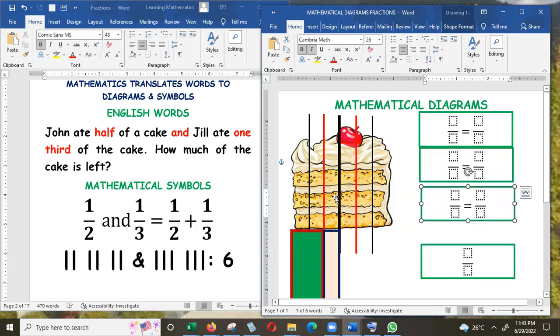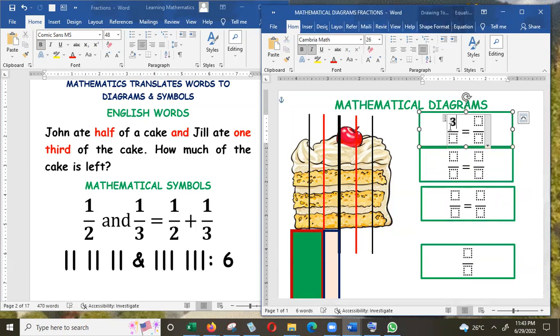So 1, 2, 3 out of 6, 3 out of 6 is the same as 1 out of 2. Okay, we can actually see that. And here it is symbolically. 1, 2, 3 out of 6 is the same as 1 out of 2.